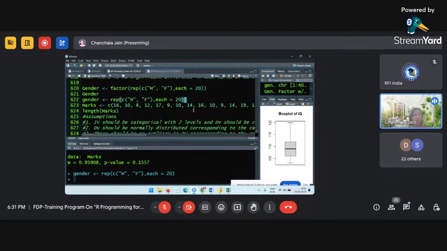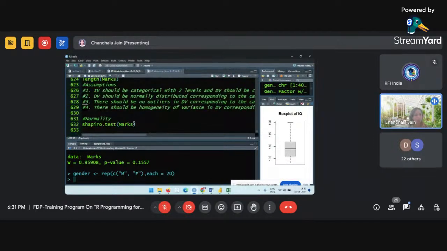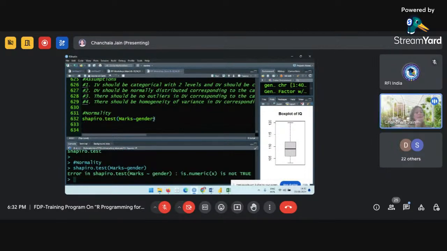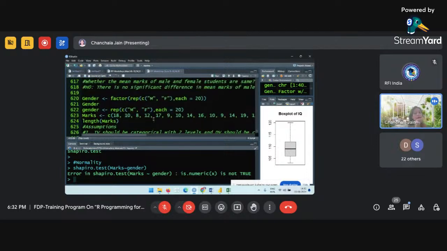Or we need to code the data. This can also be a problem. We'll check, just a minute. I think we need to code our data.